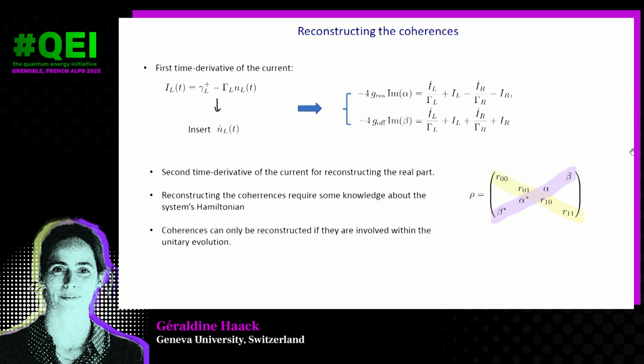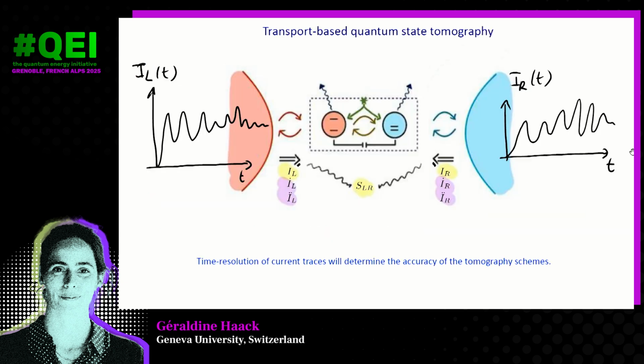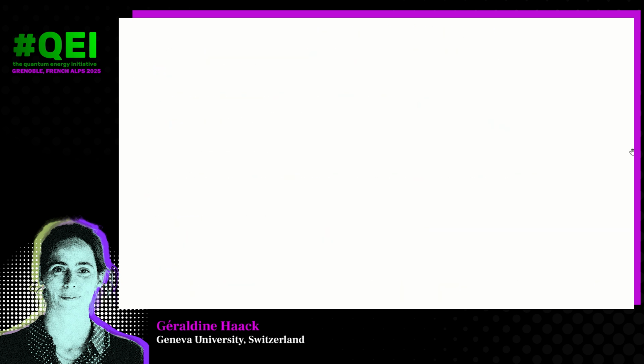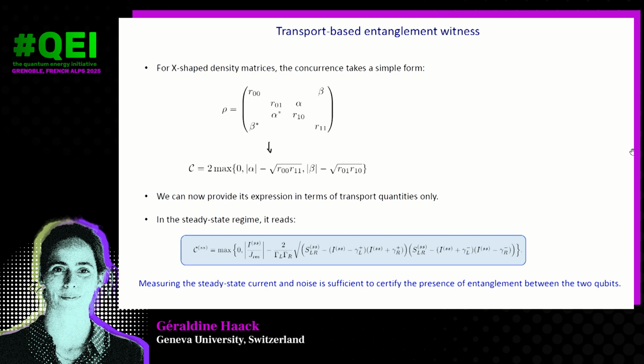Be careful, because what is helpful to answer your question is to realize that the expression that I showed is the steady state expression. The steady state regime, Florian, can sometimes be a bit difficult to understand, but you have a constant flow of particles. So you have this steady state current flowing through the system.